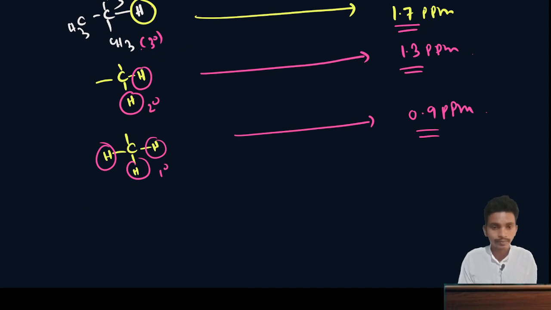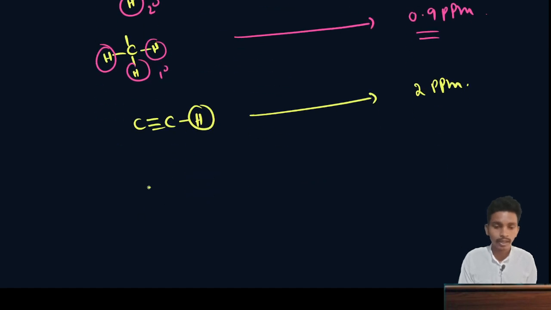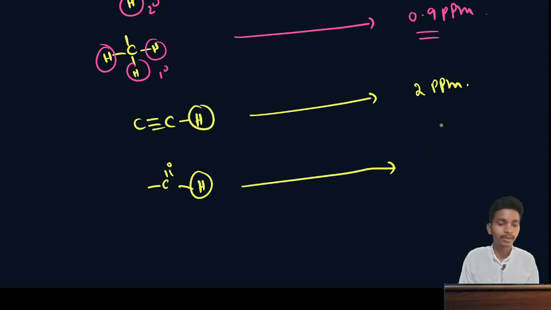With that, if triple bonds are there, sp, and you have a hydrogen here, in that case its value will be 2 ppm. Similarly, if you have an aldehyde group, this H value will be 9 to 11 ppm. Aromatic hydrogens are 6 to 7, 8 ppm. If it is an acid group, this H will have 11 to 12 ppm.